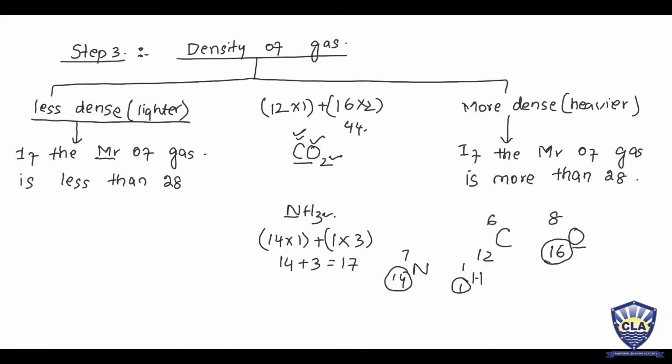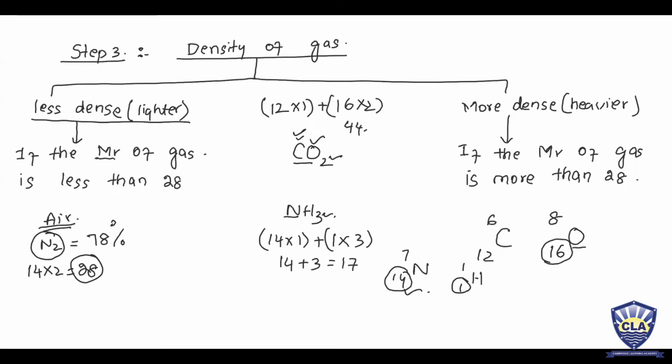Now the thing is, why have we said that if the MR is less than 28, then it would be lighter? Because air, my dear, is composed of nitrogen, which is almost 78%, and the MR of nitrogen, my dear, nitrogen has 14. So 14 times 2 would be 28.